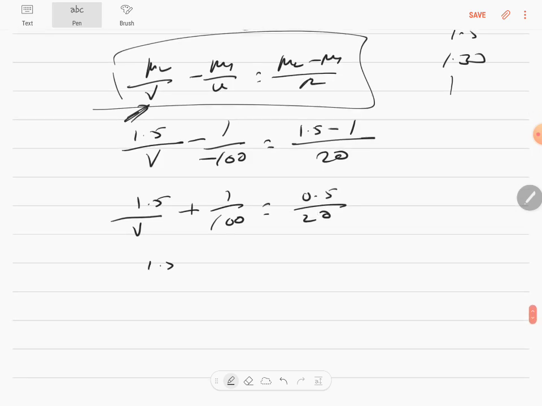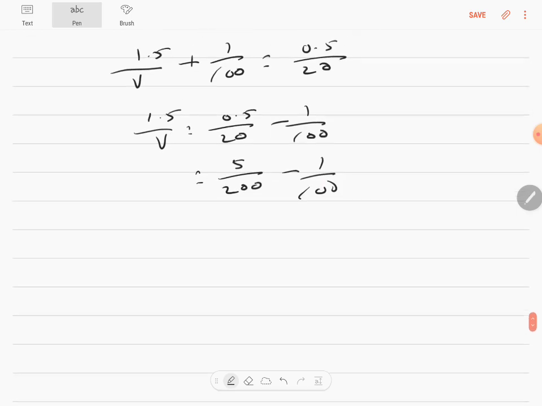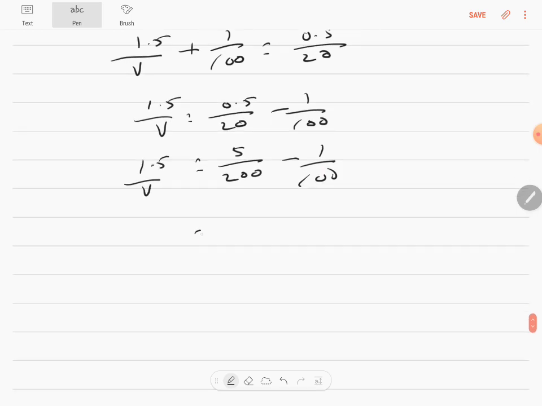So 1.5 by v is equal to 0.5 by 20 minus 1 by 100. Can we write this as 5 by 200 minus 2 by 200? The LCM will be 200. It's 5 minus 2, which will be 3 by 200, is equal to 1.5 by v. Correct?